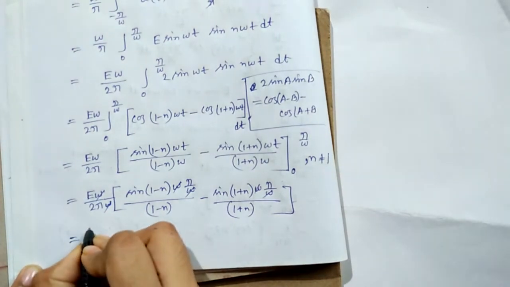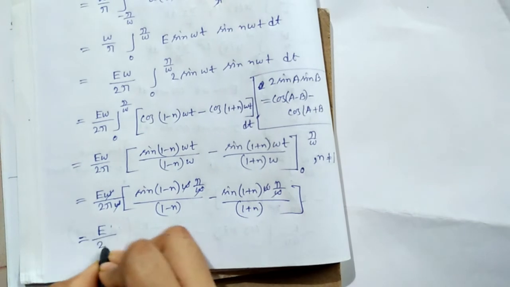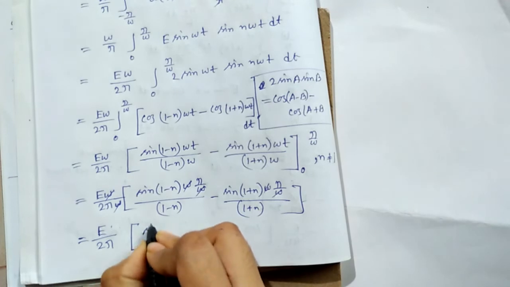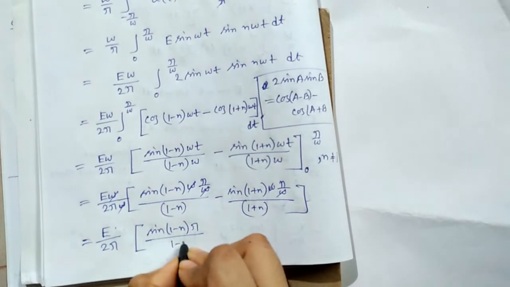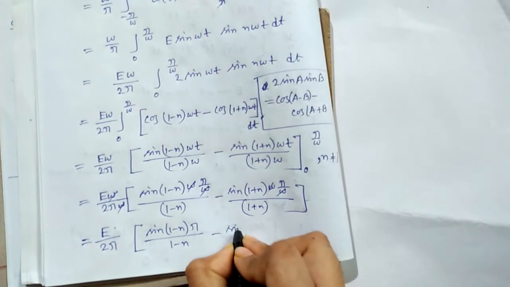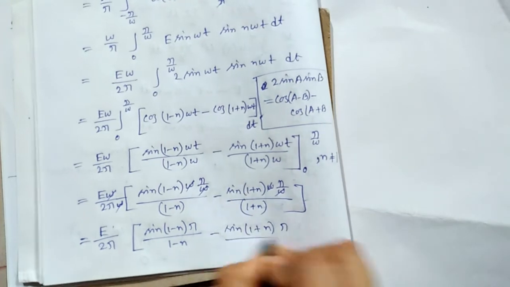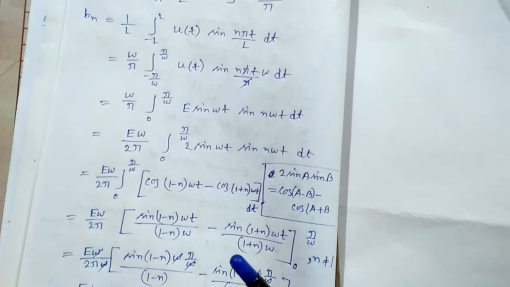Next, this is equal to e by 2 pi, and this is sine 1 minus n pi by 1 minus n, minus sine 1 plus n pi by 1 plus n.